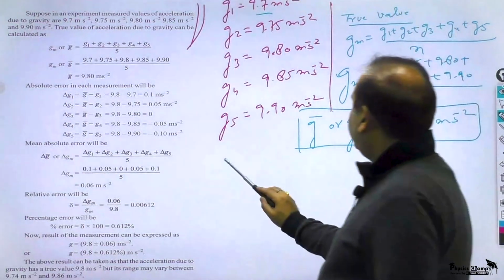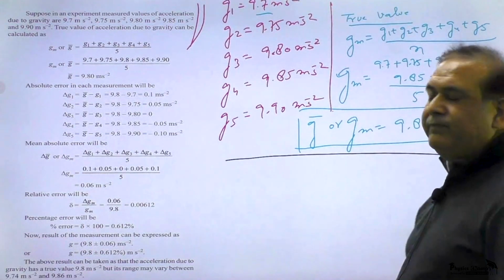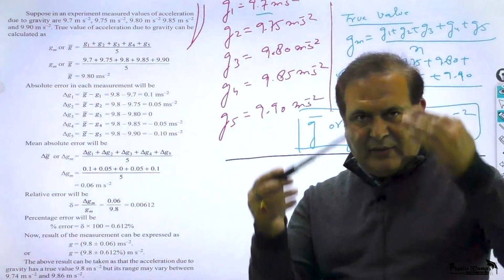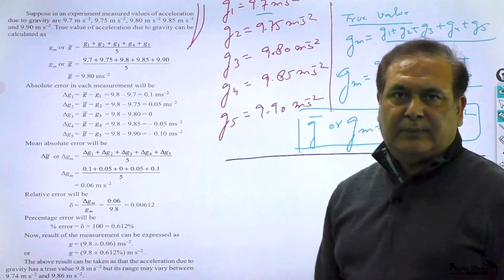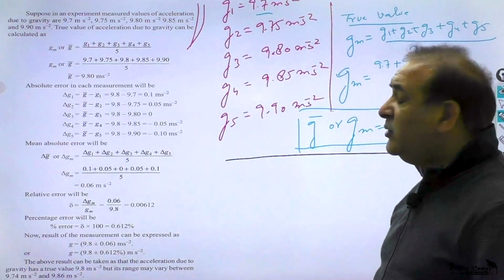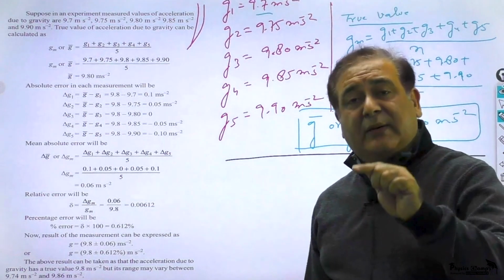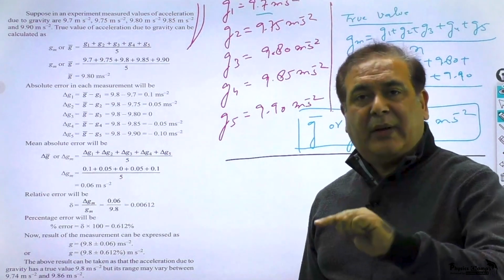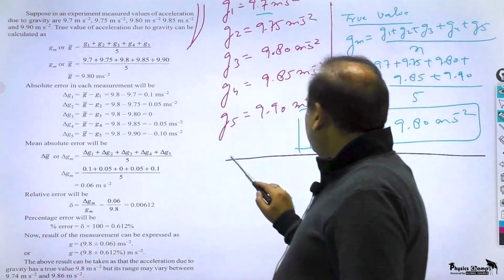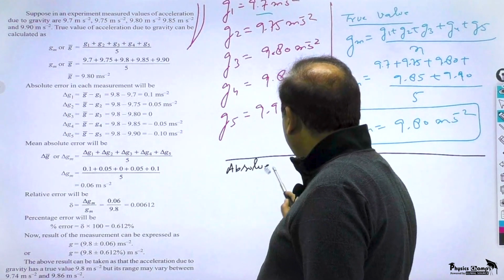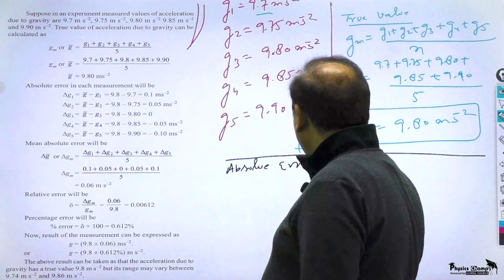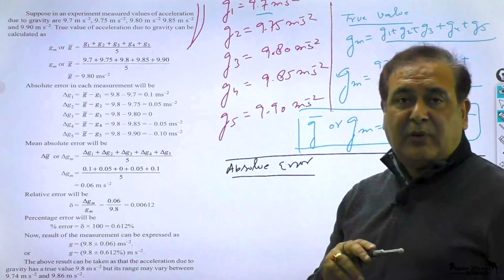Now moving forward. So we have acceleration due to gravity, 5 readings. We have observed a true value. Then comes absolute error and mean absolute error.